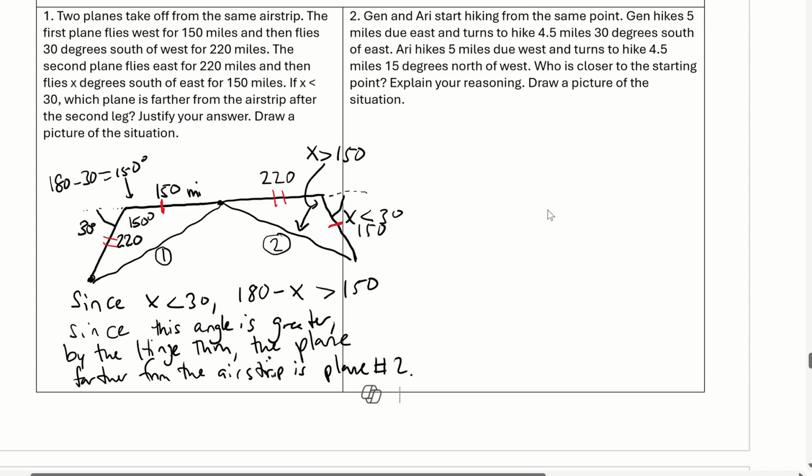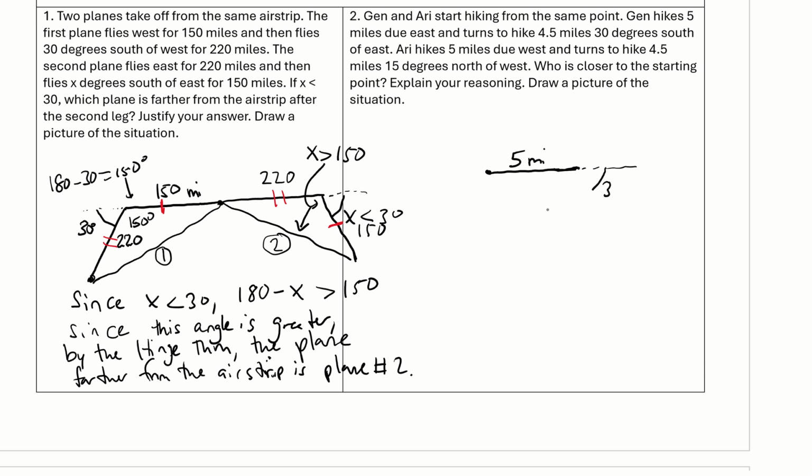Number 2, Jen and Ari start hiking from the same point. Jen hikes 5 miles east, and then she hikes 4.5 miles, 30 degrees south of east.